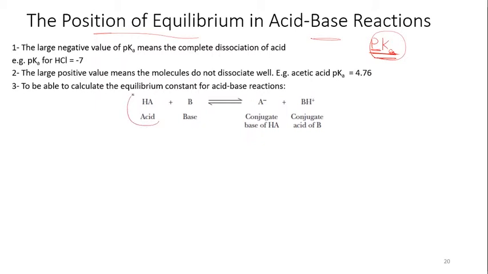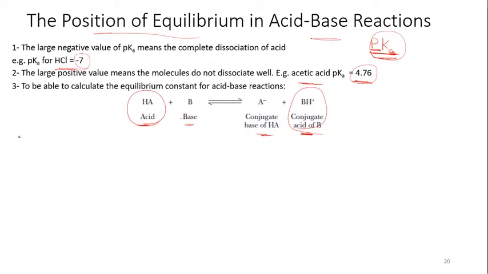So I can get the value of this part and I can get the value of this part. As for bases, I cannot deal with them. If I have complete dissociation like HCl, it's simple and I have complete dissociation. But if I have something like acetic acid, I will have a sort of equilibrium. This equilibrium means the acid and conjugate base are in equilibrium. Both of them exist in my solution.